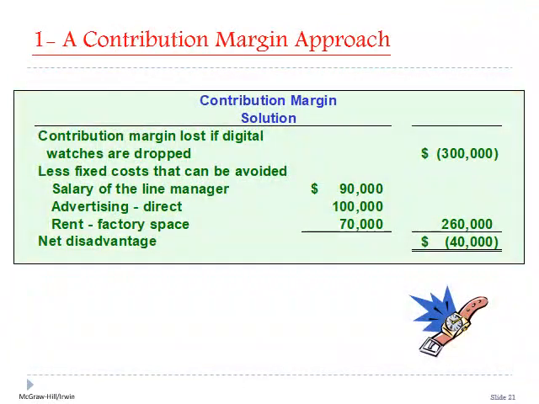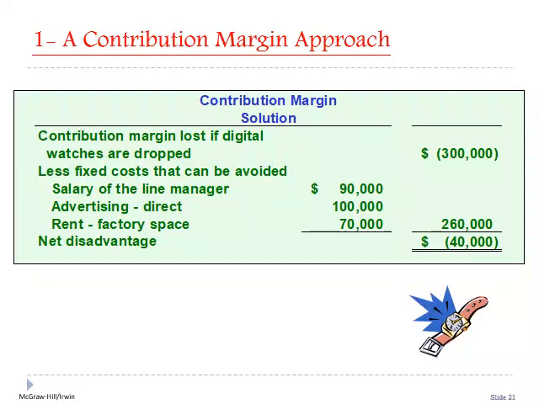So to make this decision, we are going to compare the contribution margin lost if digital watches are dropped, which is 300,000, with the fixed costs that can be avoided, which are salary, advertising, and rent. These costs can be avoided.